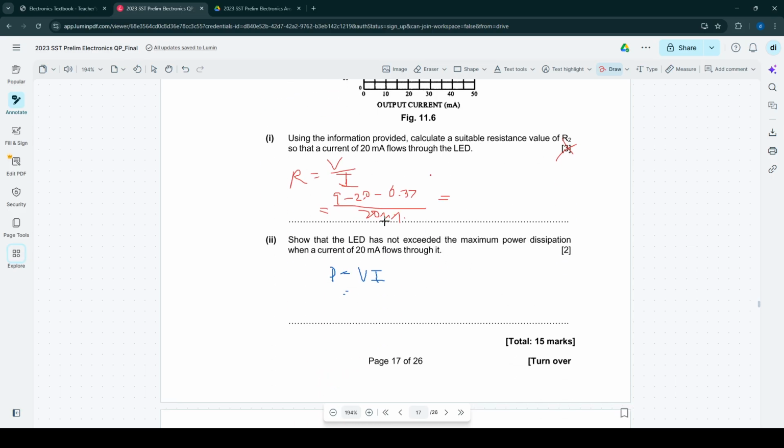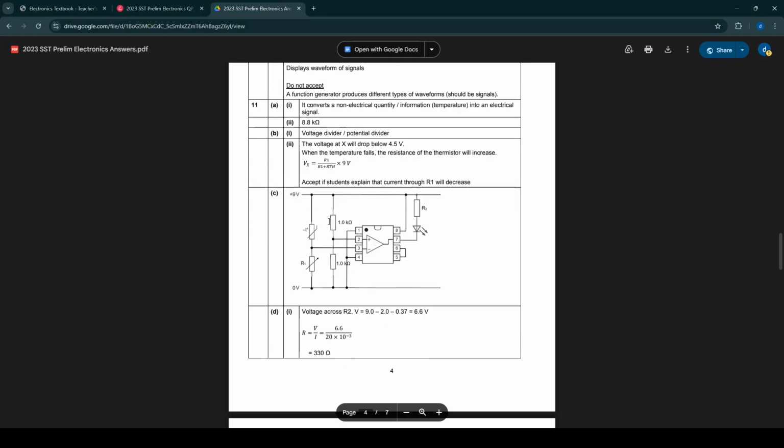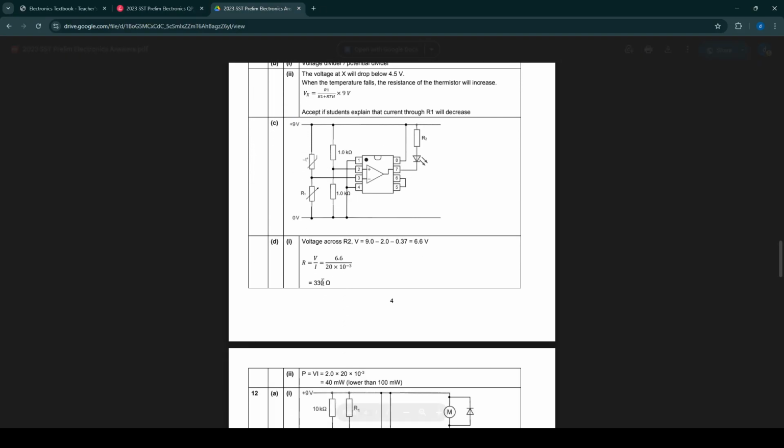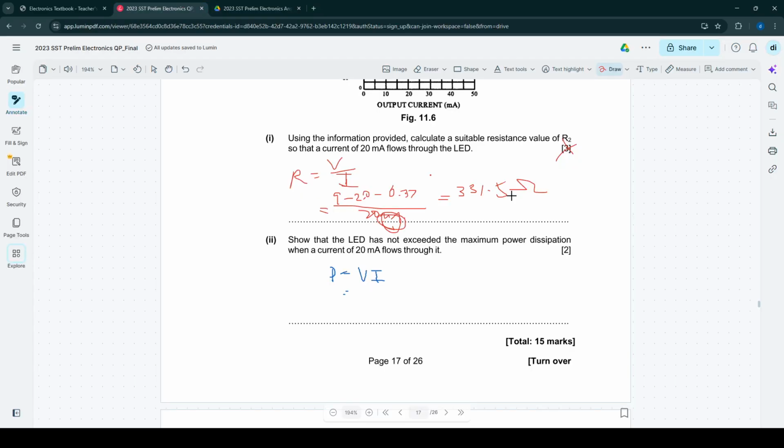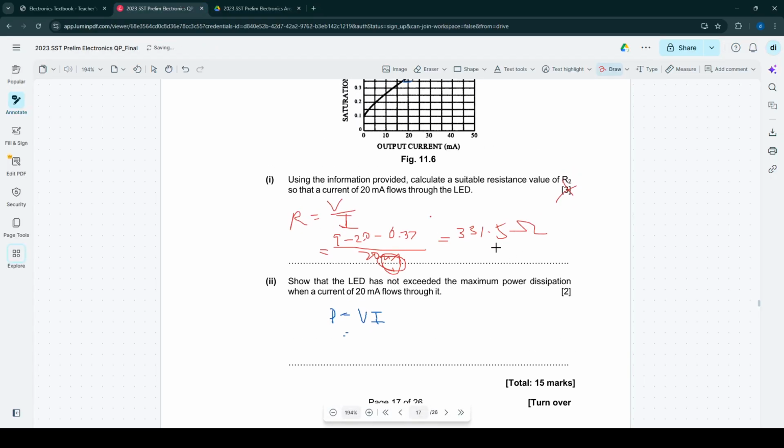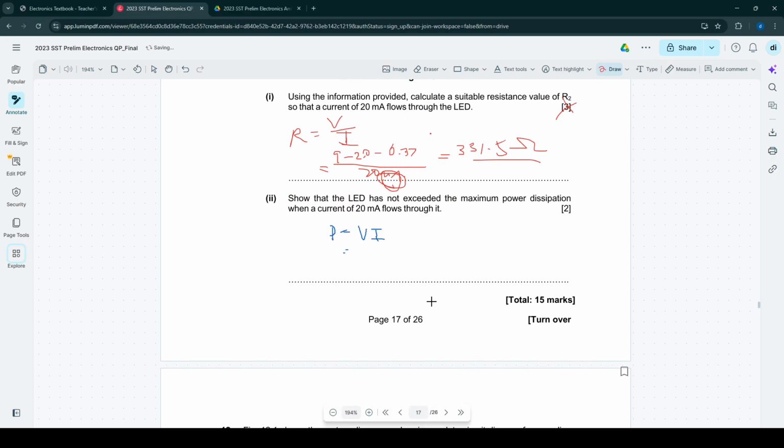Oh, okay, when you're doing this, you mustn't forget to convert the prefix. So I get 300. I get this exact value, and let's see, okay, they rounded it up to 330. But the fact that it's an exact value, I wouldn't think you need to round it. So just keep it like this, it's fine.